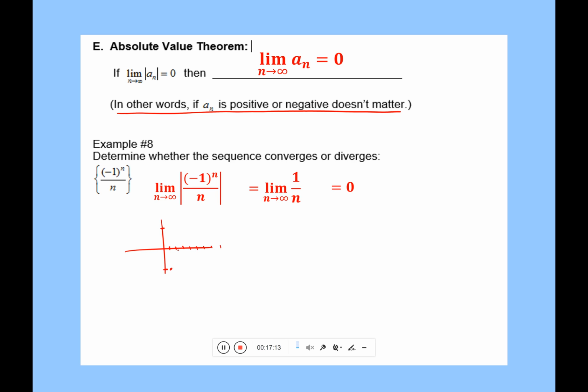If n equals 2, we have positive 1/2. If n equals 3, we have negative 1/3. If n equals 4, we have positive 1/4. If n equals 5, we have negative 1/5. So do you see that even though it's alternating positive and negative, they're still getting closer and closer to 0, right? So it didn't matter if it was a positive or a negative term, the fact that it was going towards 0. So this sequence is going to converge.